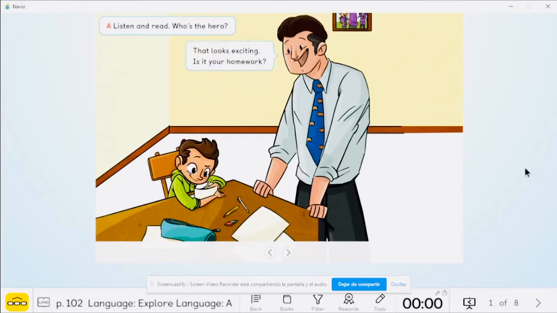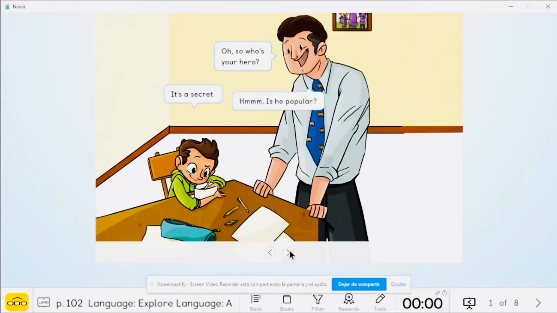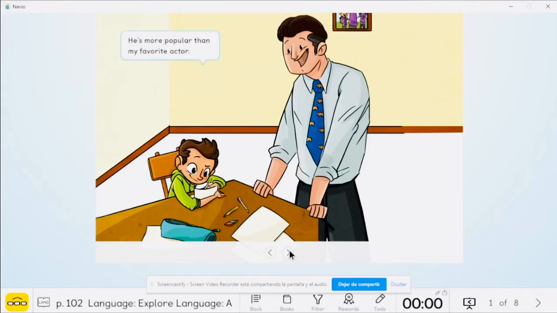Who's the hero? That looks exciting. Is it your homework? No, it's more exciting than homework. I'm making a poster about my hero. Oh, so who's your hero? It's a secret. Is he popular? He's more popular than my favorite actor.